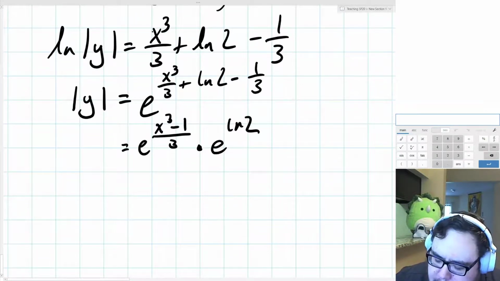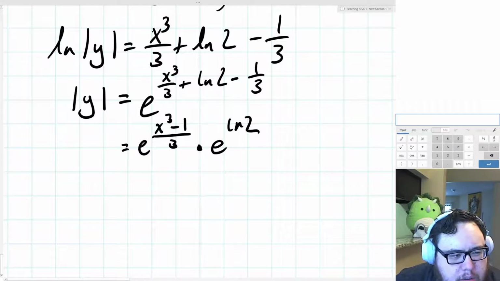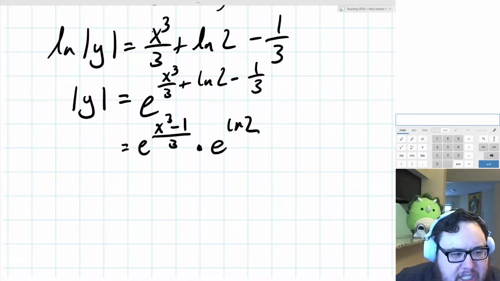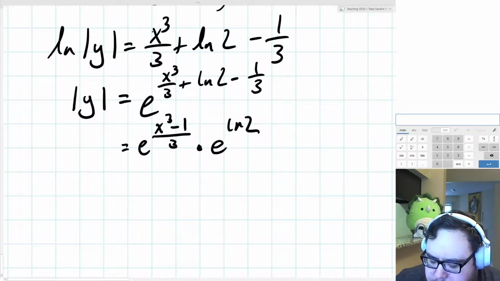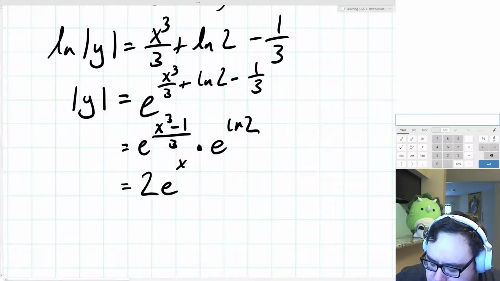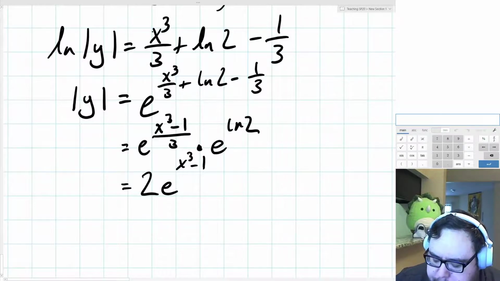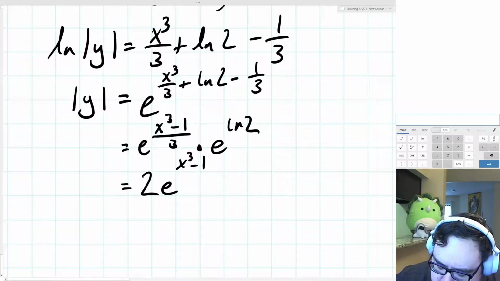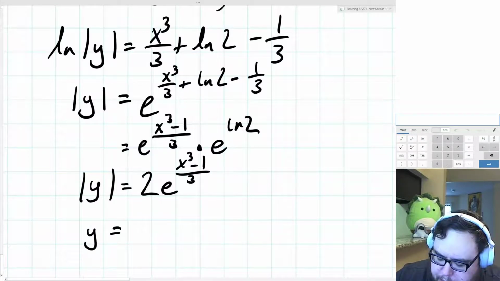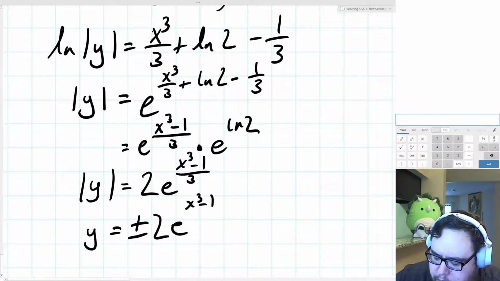We could also pull out this negative 1/3 as a constant multiple, but it still leaves things a little messy, so I think it's better as one big fraction up there. E to the ln of 2, however, is very easy to deal with. This is 2 e to the x cubed over 3 minus 1/3. And now we have that y is equal to plus or minus 2 e to the x cubed over 3 minus 1/3.